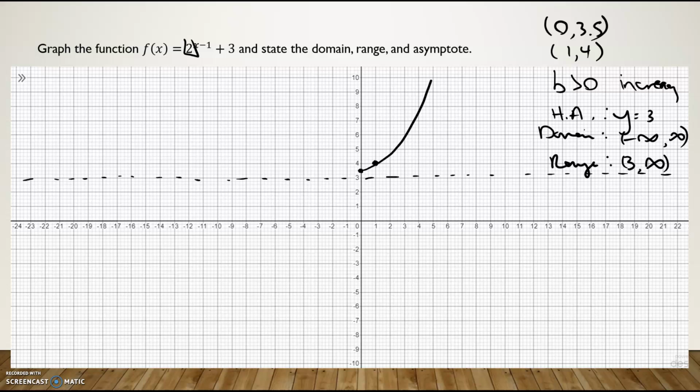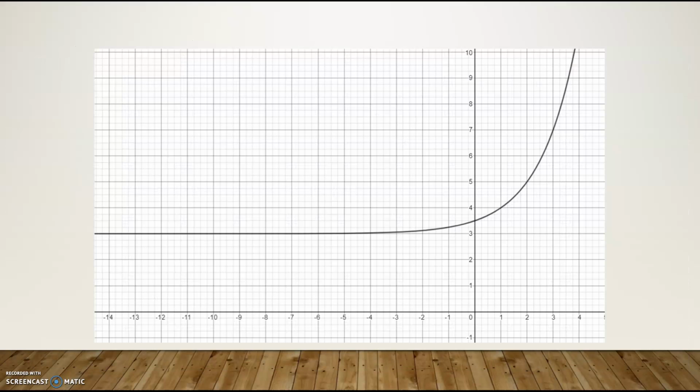Then we make an increasing function and get really close to this horizontal asymptote. Now this is what it should look like. There it is right there. Notice we've got a horizontal asymptote at y equals 3. Here's our point 1, 4, and here's our point 0, 3.5. Notice how it's halfway between the 4 and the 3.